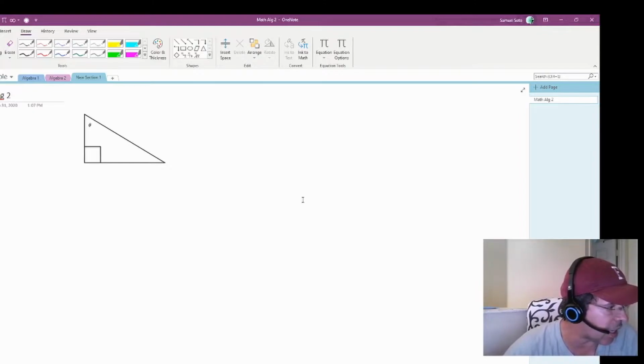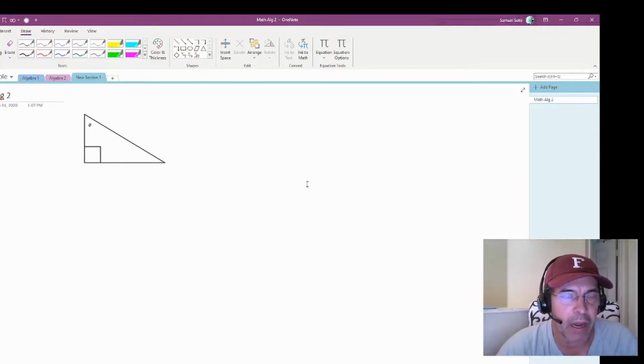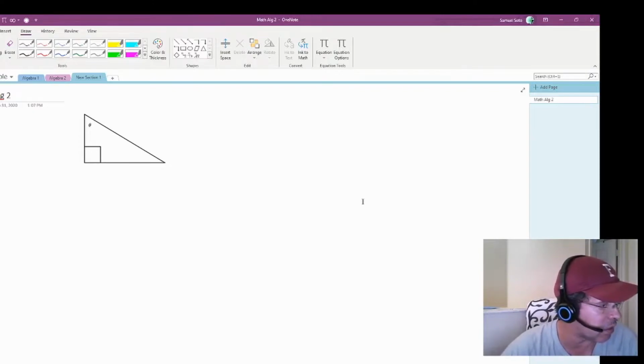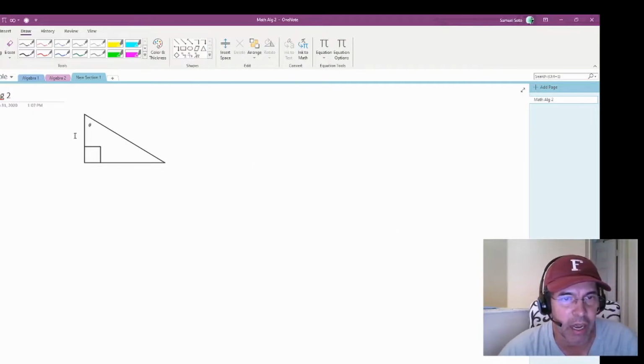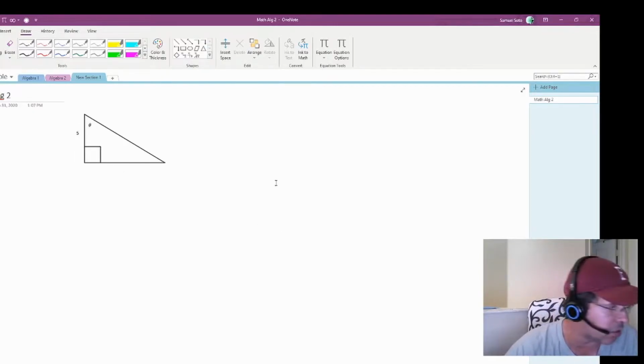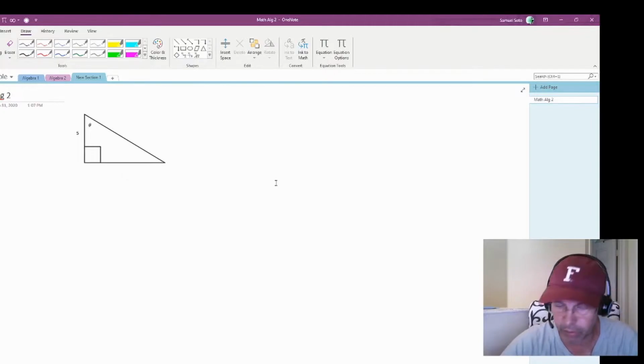Now let's say that I want to find some of the functions, and they give me some of the sides. So let's just say that they give me this side. I'm just going to click on there and type 5. Over here, they give me 12.